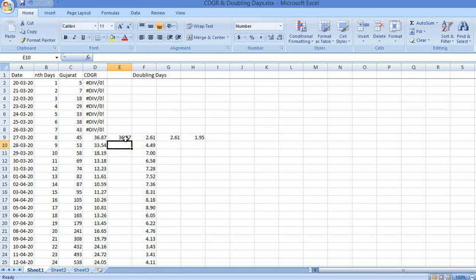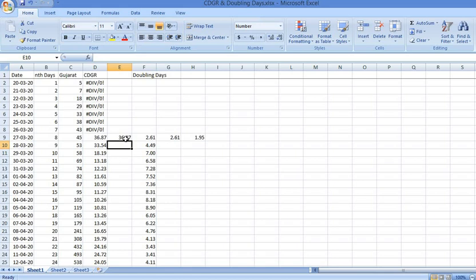The concept here is that CDGR can generally be calculated for 7 days. CDGR is the compounded daily growth rate, and it can be calculated based on the historical trend of cases for the last 7 days, or can be calculated for 14 days.